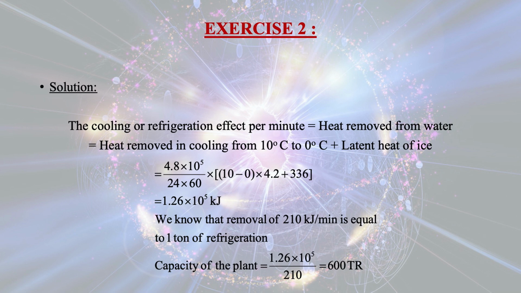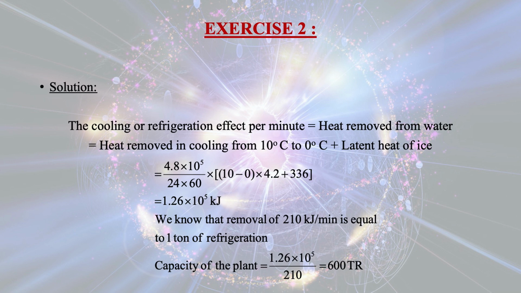The cooling or refrigeration effect per minute is equal to heat removed from water. Now, heat removed in cooling from 10 degrees centigrade to 0 degrees centigrade plus latent heat of ice. So, that comes out to be 1.26 into 10 to the power 5 kilojoule.